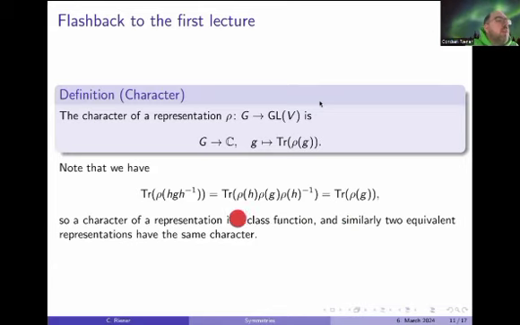So the trace with conjugation on the group will give the same as if I don't conjugate. So it is actually a so-called class function, a function that only takes different values on different conjugation classes of my group. This is just for people who are interested. So this is what we call a class function.